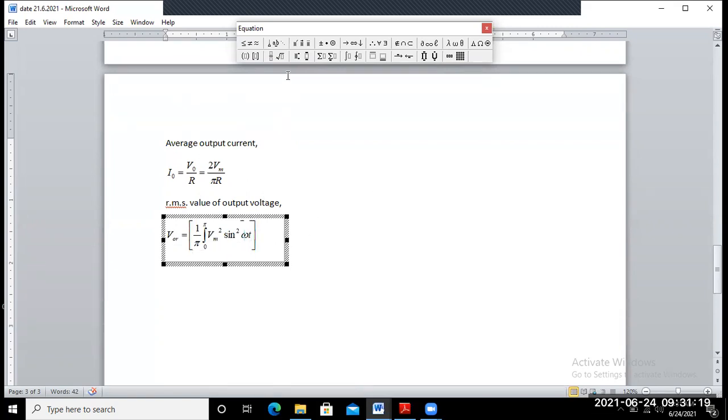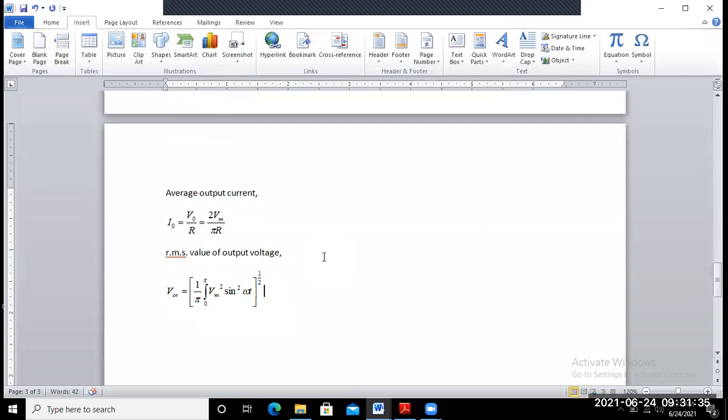Now just integrate this, put in the lower and upper limits, and find the value of V output RMS.